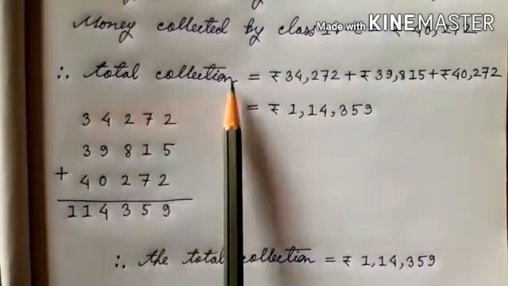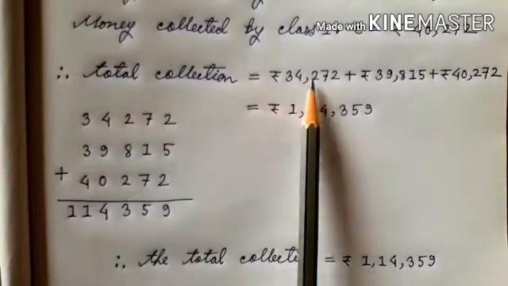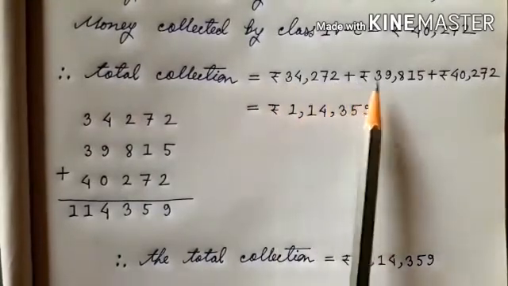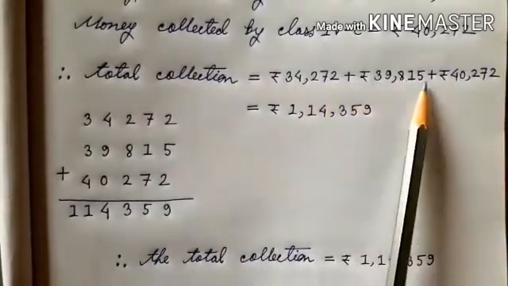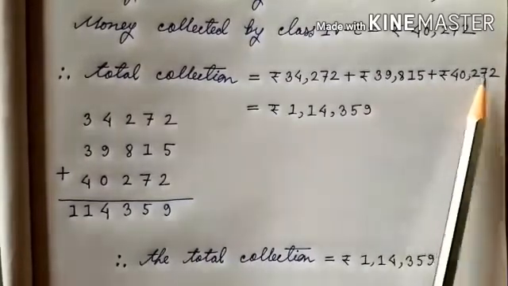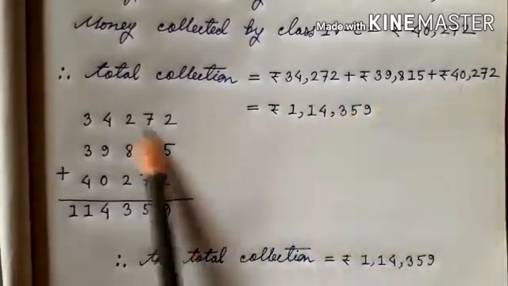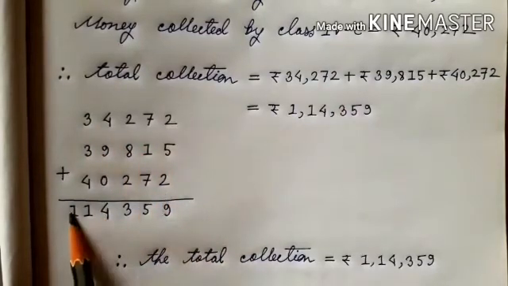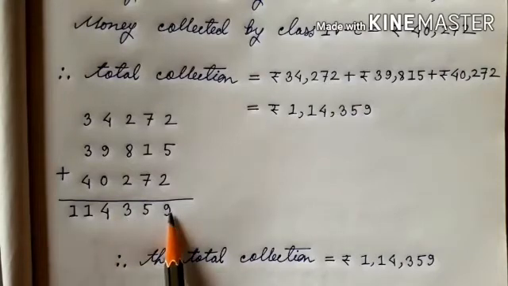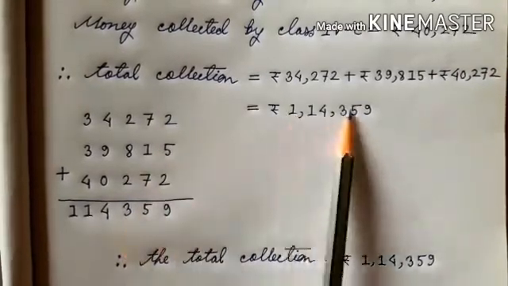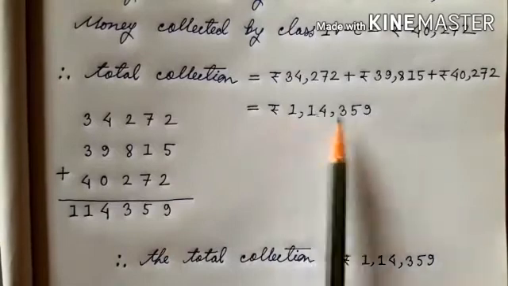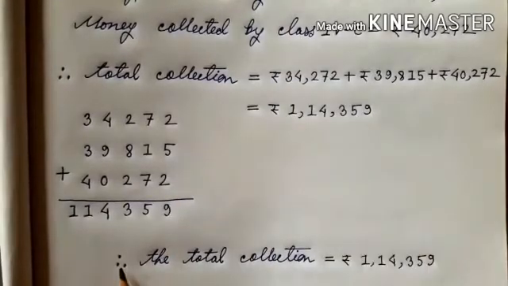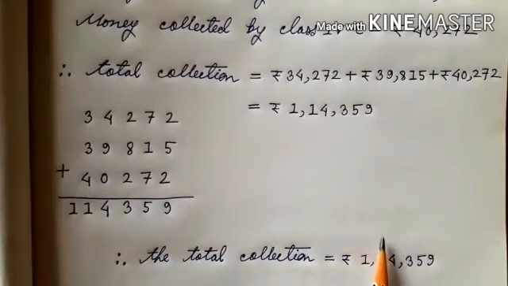So total collection equals rupees 34,272 plus rupees 39,815 plus rupees 40,272. You can show the addition of these numbers here, okay? By adding these numbers, we get 1,14,359. So write the total here: therefore, the total collection equals rupees 1,14,359, okay? This is your answer.